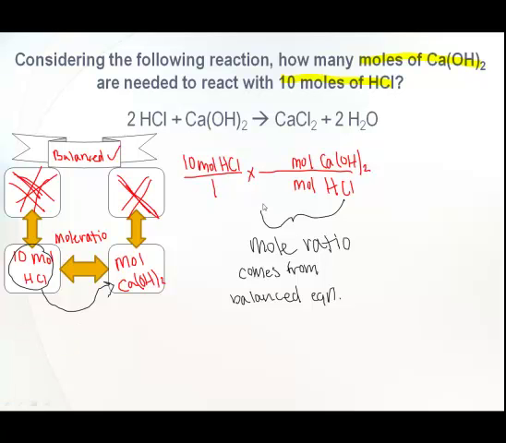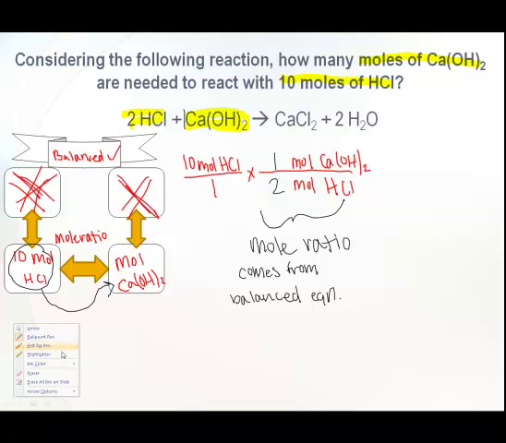The two things that I'm interested in are HCl and calcium hydroxide. So in front of the HCl, we have a 2. So that means that in this reaction I need 2 moles of HCl. So again, that's going to go right there, 2 moles of HCl. If we look at calcium hydroxide, there's no number in front of it, so we assume that there's a 1 there. So I'll put 1 on top.